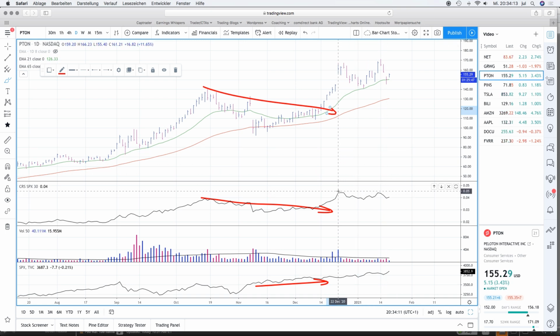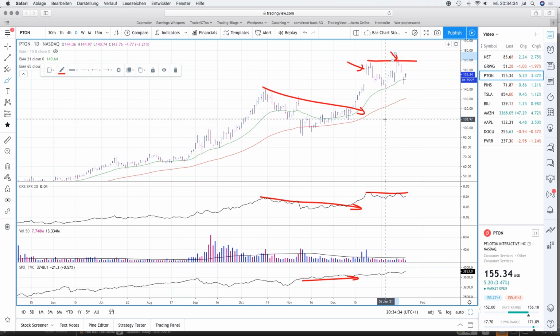And then you can see the price broke out very strongly with good volume here to a new high, then consolidated a little bit, and then again was here and printed a new high. So just a minor high, but it was not reflected or not confirmed by the RS line.